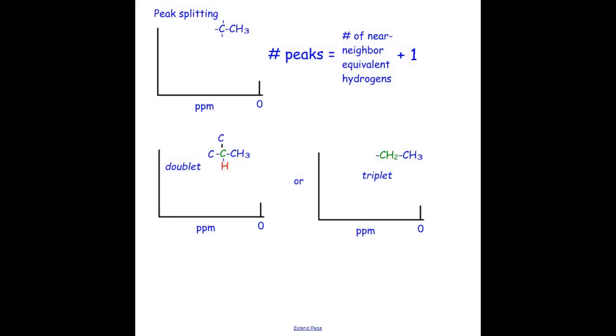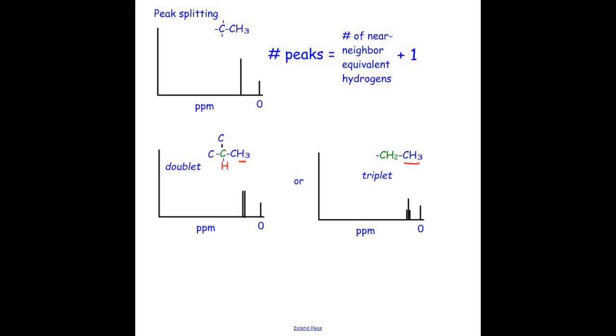Let's take a look at it again. If I have a CH3 next to a carbon attached to 3 different things, it's split into 1 peak. If I have a CH3 down here that's next to a carbon that has a hydrogen, it's split into 2 peaks.